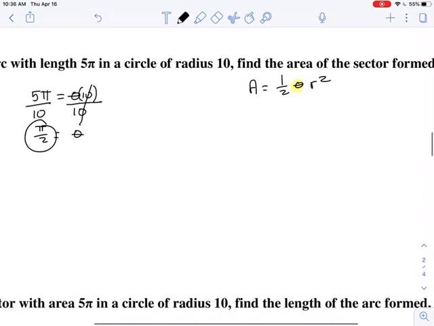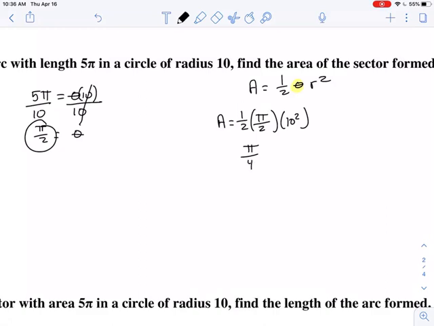Now we can start over here and plug in the numbers for area. So area is going to equal half times pi over 2 times 10 squared. All right? So when I start simplifying, 1 times pi is going to give me pi over 4 times 100.